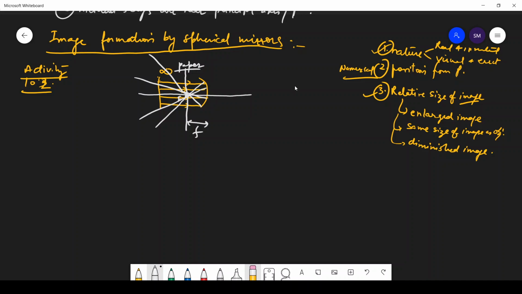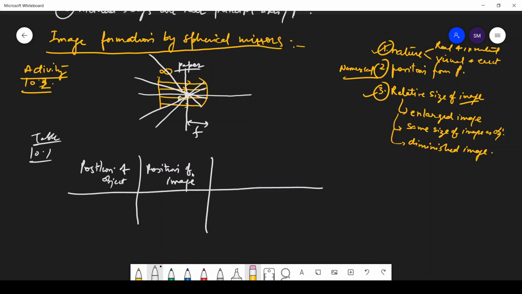Now we have a table 10.1, and in this table we have position of the object, position of image, then size of the image, and nature of image.